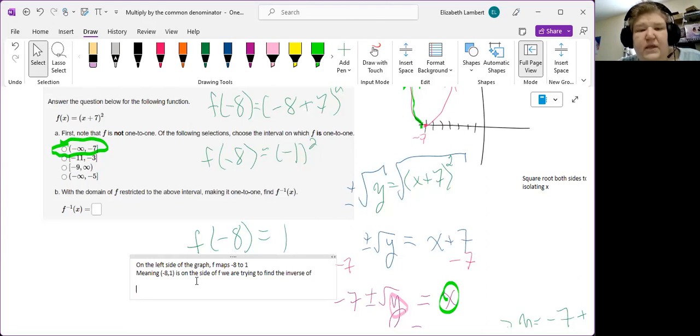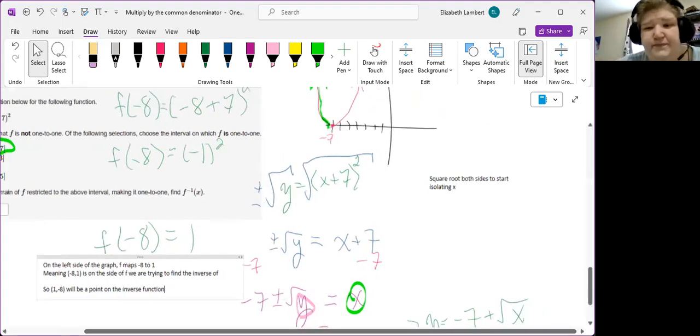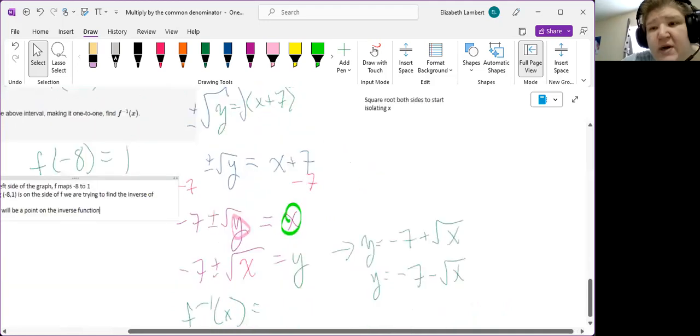So for the inverse function, I'm going to have the swap, 1 comma negative 8. So we're going to take that point to our two options and see which one is actually going to map 1 to negative 8. And map just means which one is that going to work in.